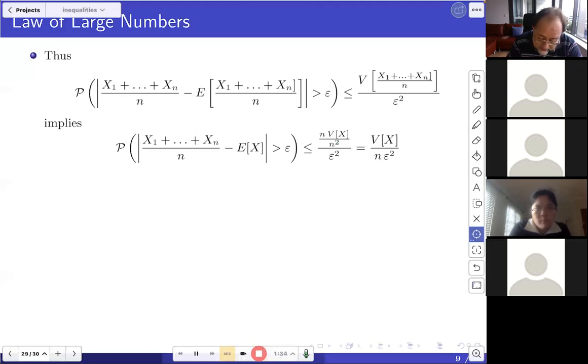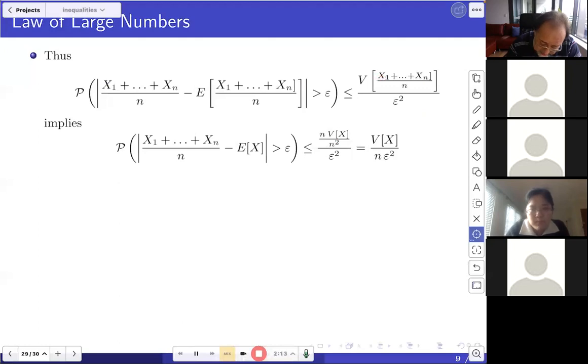Most of the calculus will go through if they are not equally distributed, but then this won't be just 1 over n times the expected value of a single occurrence X. But you can carry on with the calculation. What is truly crucial is that they have to be independent so that you can distribute the variance inside. Otherwise, you're stuck with the expression as is, and it's not as useful as when you can distribute the variance inside.